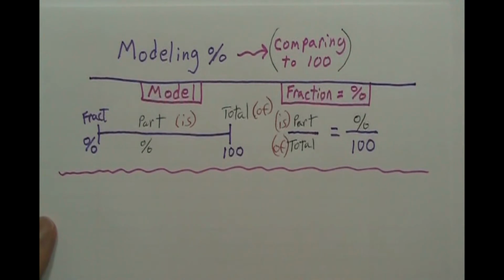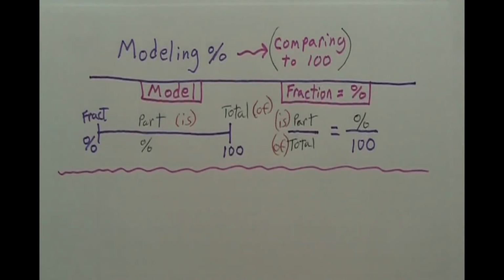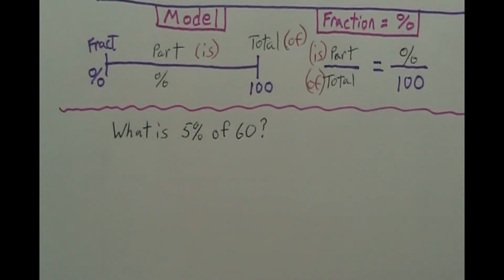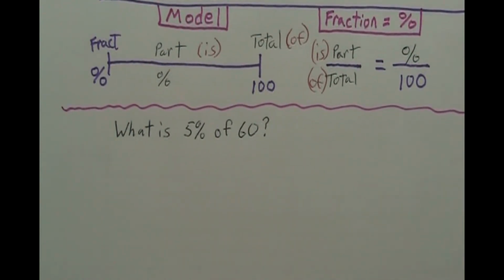Now let's do 3 examples, word problems. The question is this: what is 5% of 60? Now we know how to do this using a calculator, but let's see if we can model it to illustrate it.